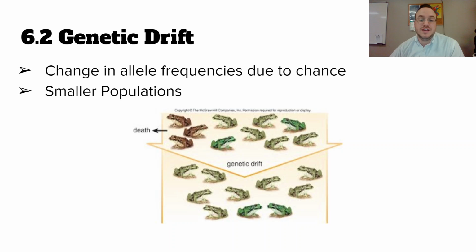So if we have, let's say, my green and brown frogs here, if those green frogs are able to camouflage into their surroundings and the brown ones aren't, that's going to be a directional selection. And then maybe those tan frogs are able to also camouflage into their surroundings. I know it's kind of hard to see because of YouTube's compression, but there's brown, there's tan, and there's a green frog here.